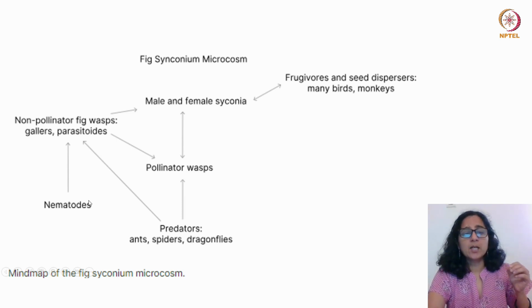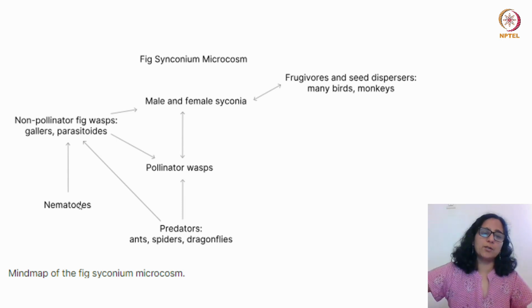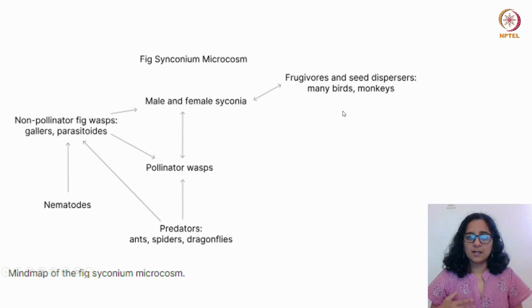Nematodes are worms which are found to hitchhike on these wasps to get to another fruit. Then there are birds and monkeys which feed on these figs, right? And they also help in dispersing the fig fruits and fig seeds elsewhere.